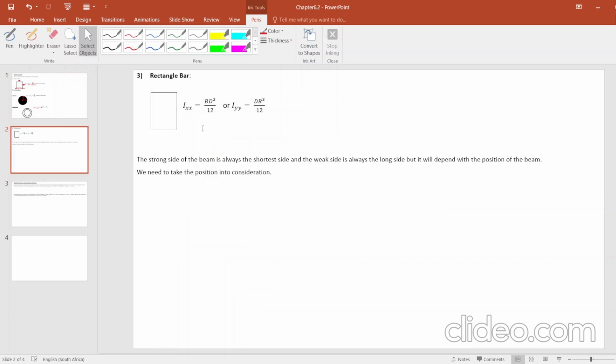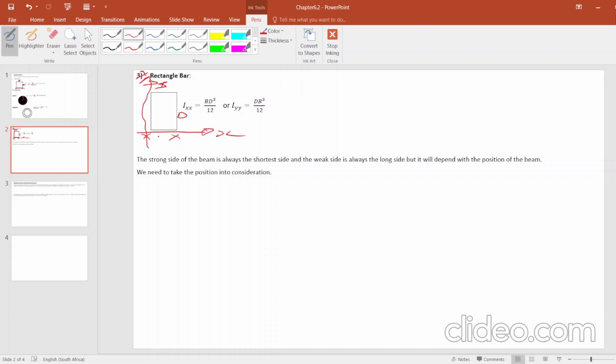All right, then when you are dealing with the rectangle, please be aware of the position of the rectangle. Now if this is where I'm taking moment in calculating the Ixx, this would be my b, this would be my d.